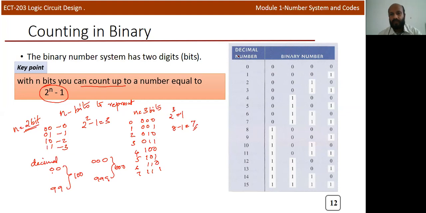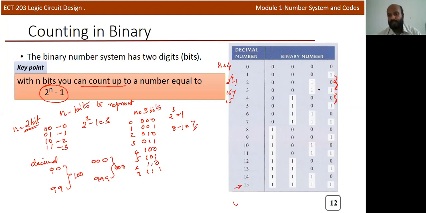Here is the example for when n is equal to 4. N equal to 4 means 2 raised to 4 minus 1, so 16 minus 1 means up to 15. So up to 15, you can count by using 4 bits. Here you can see the example, and you can observe the bit change. In the LSB position, you can see a single bit change each time: 1 0 1 0.